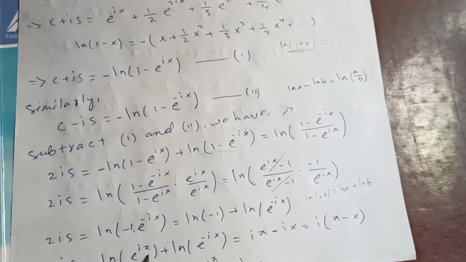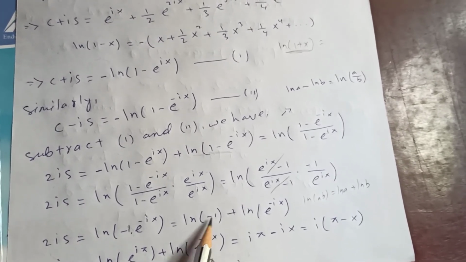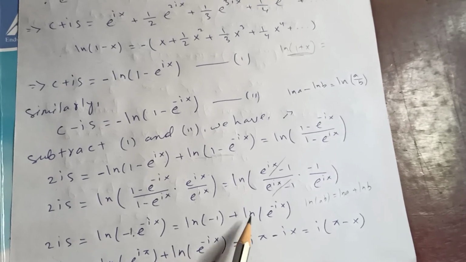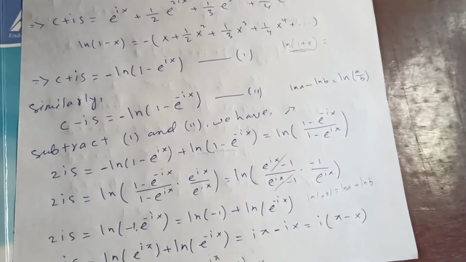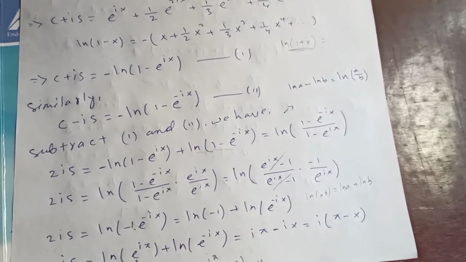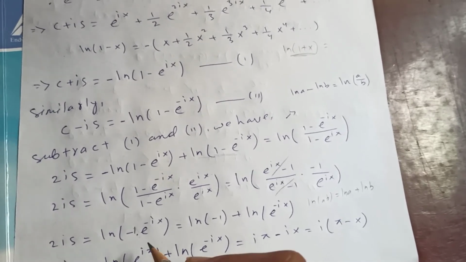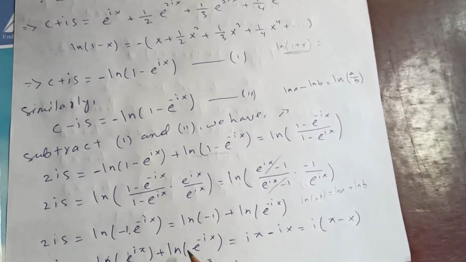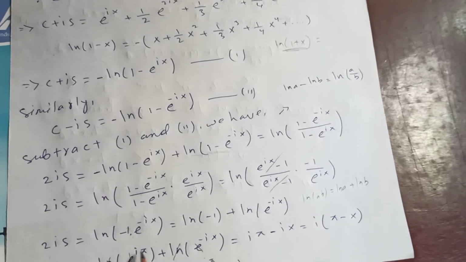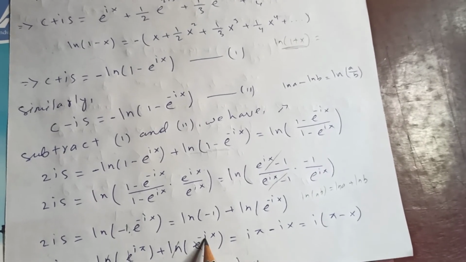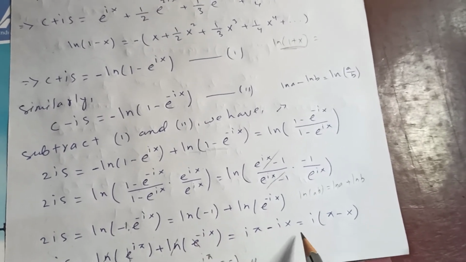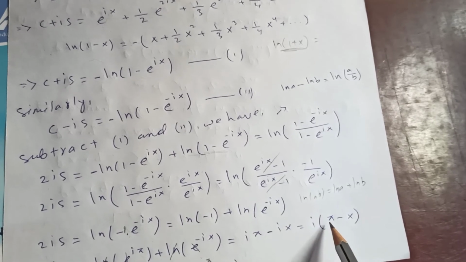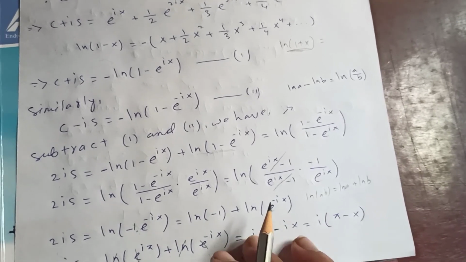So log of e^(i pi) plus log of e^(-ix). Since this log is the natural log, the exponent with e cancels out, meaning i pi minus ix. Taking i common, we get i(pi minus x).